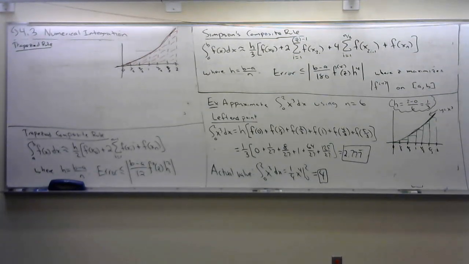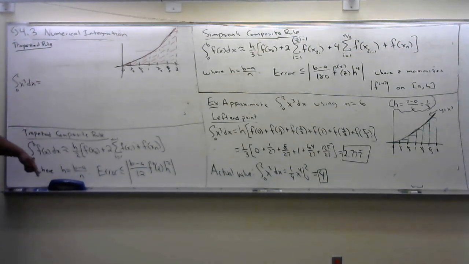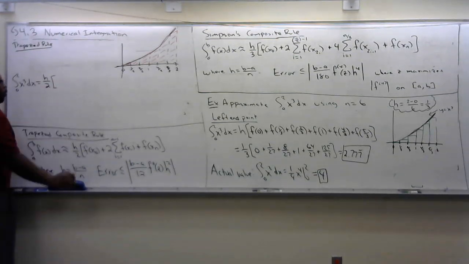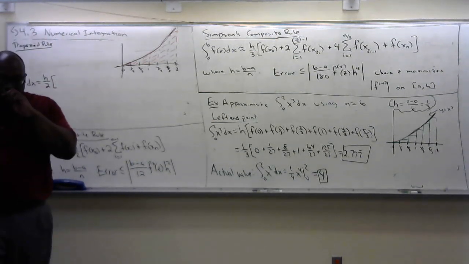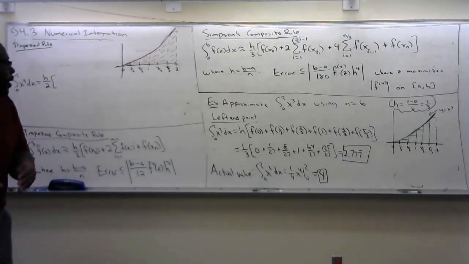So let's look at it. We have the integral from 0 to 2 of x cubed dx is equal to h divided by 2. Remember, in our first example, it was f of x0 plus f of x1, right? So that's what we're going to do here.